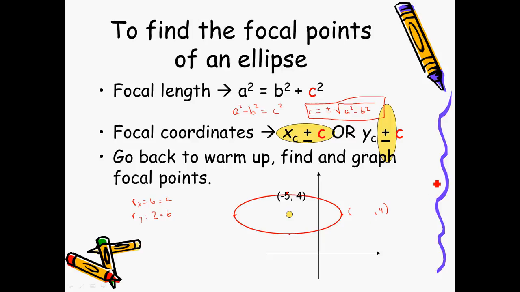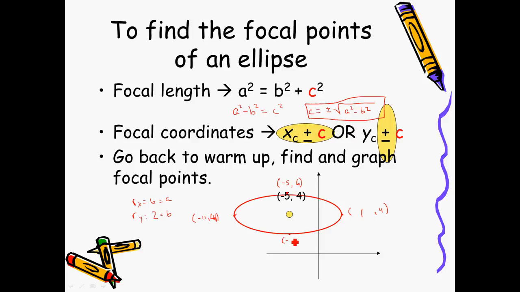So we had negative 5 plus 6 and negative 5 minus 6. Then for the co-vertices, we had negative 5, 4 plus 2.